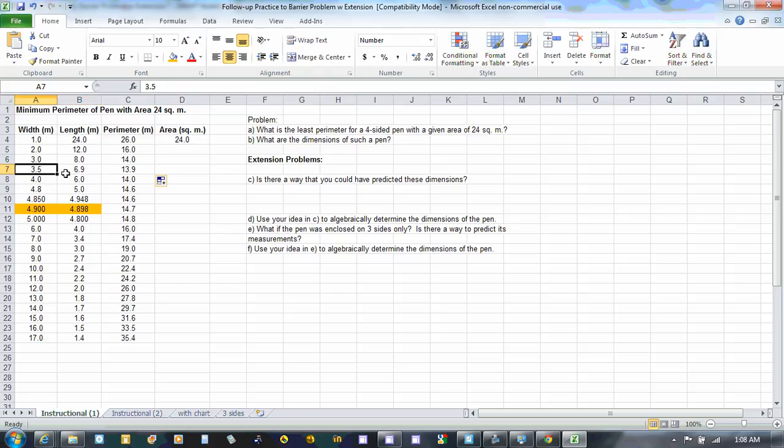And that's something that we discovered earlier on, that for a three-sided rectangular enclosure, the perimeter is minimized, when the area is fixed, when the length is twice the width. Let's add a few decimal places to that, as well as this one.